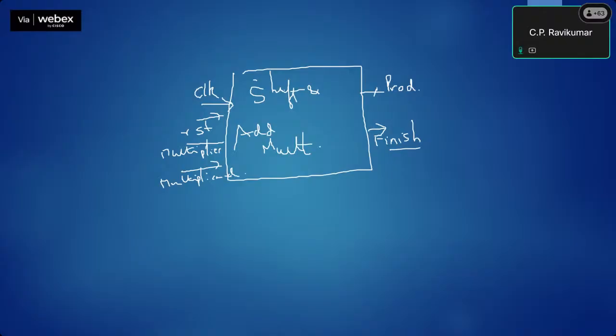So the external test bench or some circuit that uses this module will follow a protocol: place the multiplier and multiplicand, then apply a reset, then apply clocks.